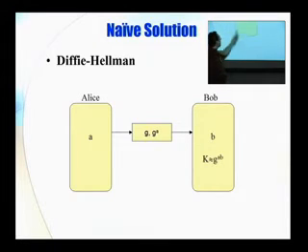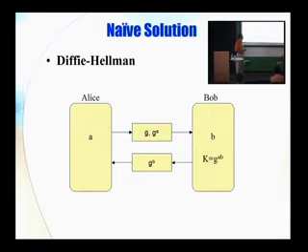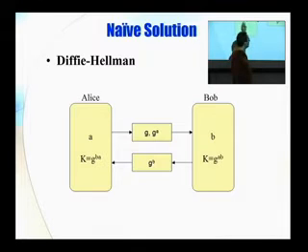Alice can also obtain the same key: Bob sends G to the power of B, and Alice can also calculate K. So if everything went right, K will be the same for both Alice and Bob.